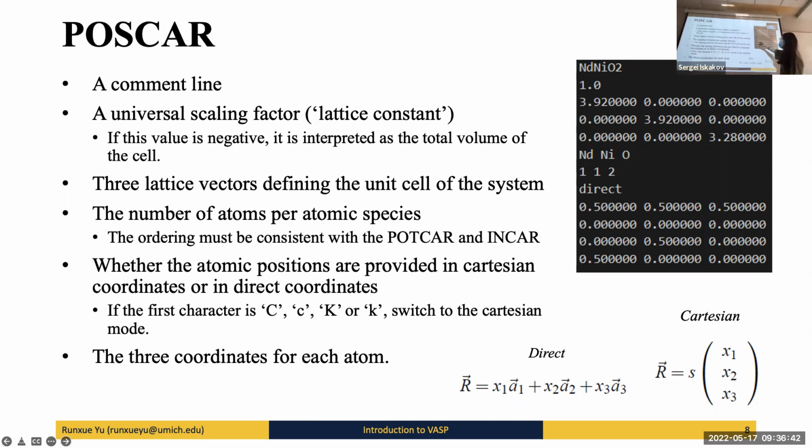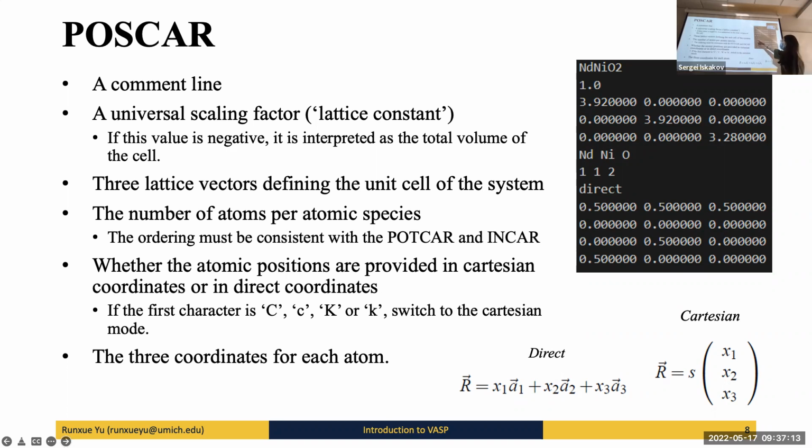And then we will specify the number of atoms per atomic species. For example, if I have neodymium nickel oxide, then I have one neodymium, one nickel, and two oxygen. And the ordering must be consistent with the POTCAR and INCAR. And then this line determines whether the atomic positions are provided in Cartesian coordinates or in direct coordinates.